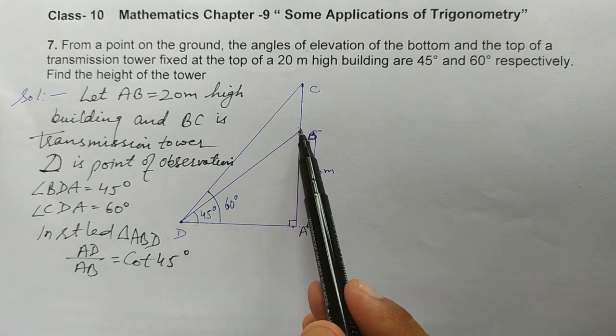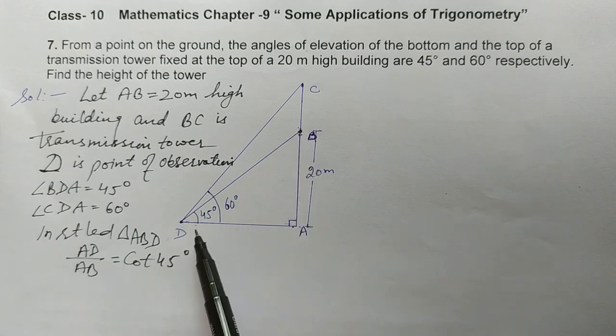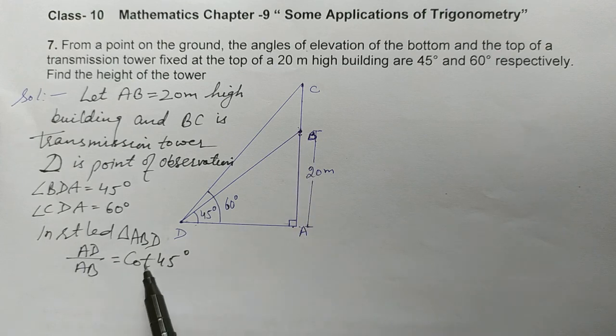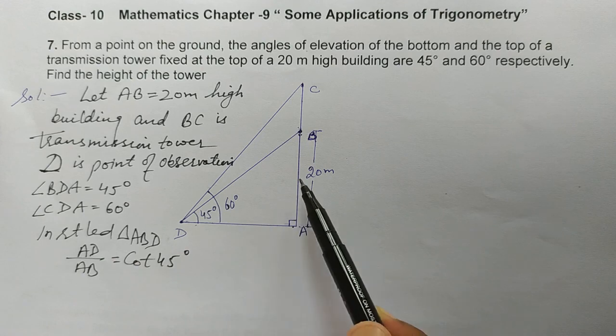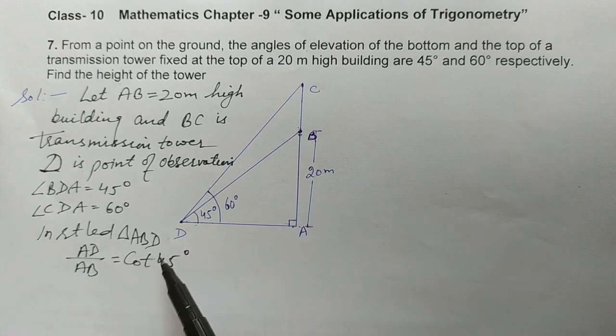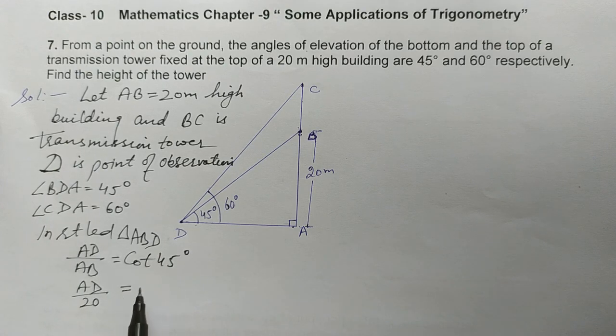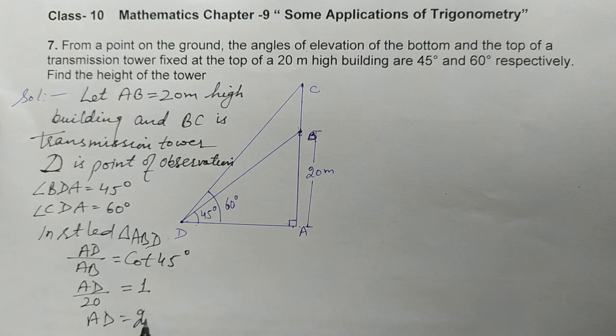So in the small right angle triangle BAD, AD which we are to find out over AB which is given, 20, is equal to, see here, base over perpendicular. So that is cot 45. So AD over base AB, 20. Now cot 45 is 1. So AD is coming 20 meter, right? AD value is with us now.